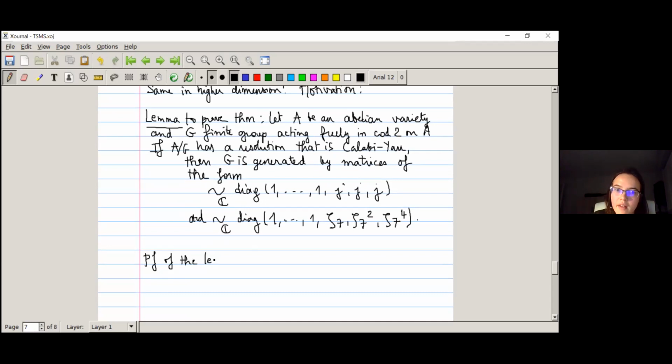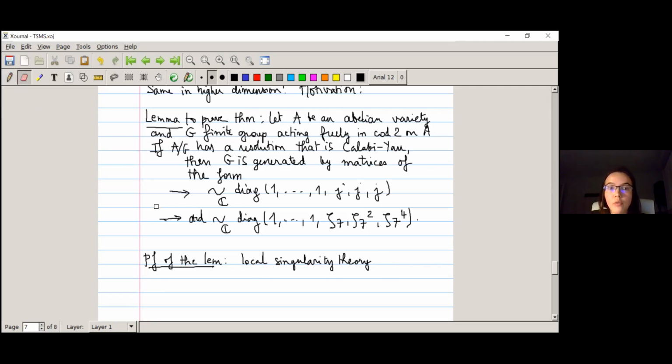The proof of the lemma is local singularity theory, say. So it's a bit of algebraic geometry. It's a bit of McKay correspondence for those who know what it is. And so let's forget about the proof. This lemma says that in my group, all elements have this form or this form.